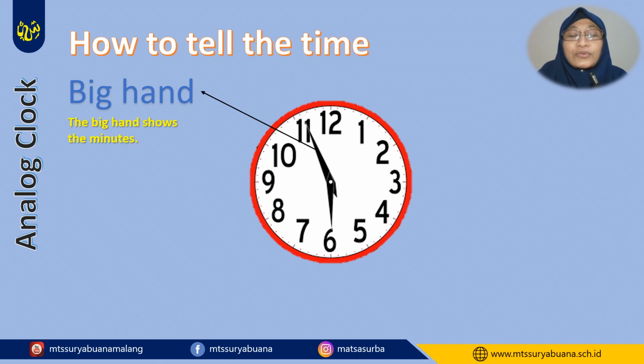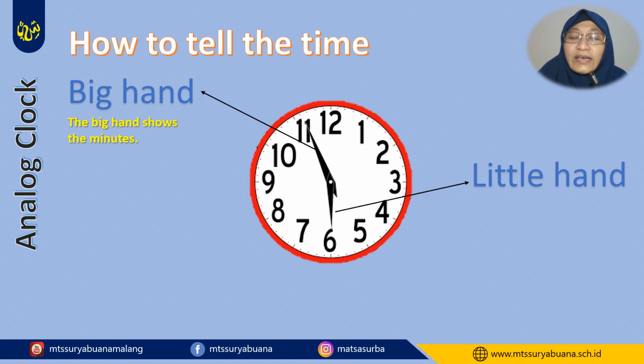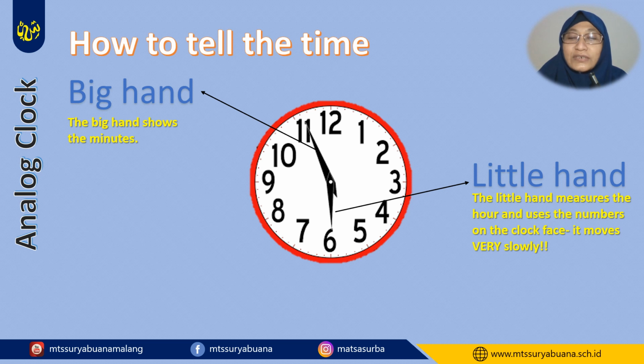Big hand shows the minutes. And this one is little hand. Little hand shows the hour and uses the numbers on the clock face. It moves very slowly.